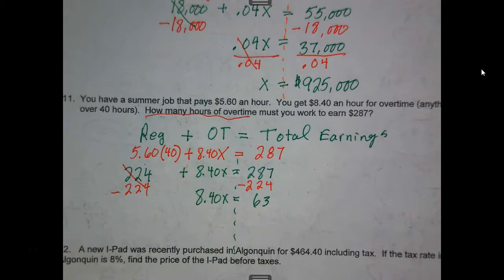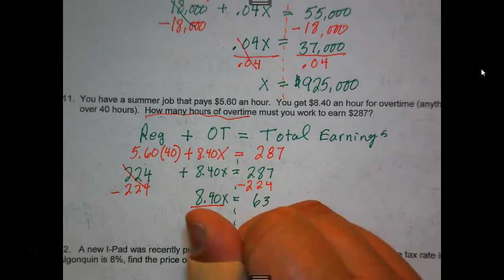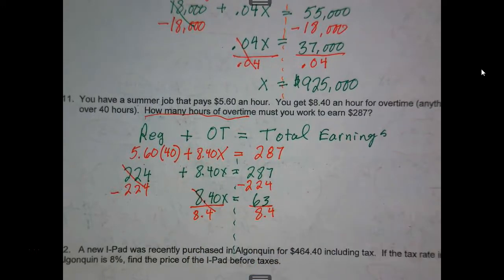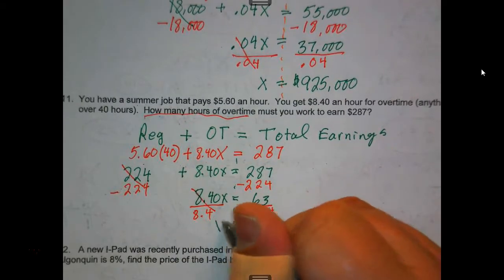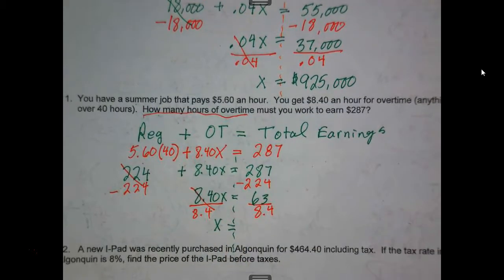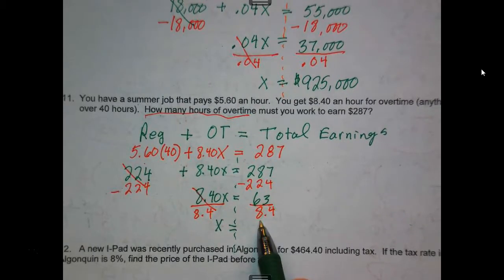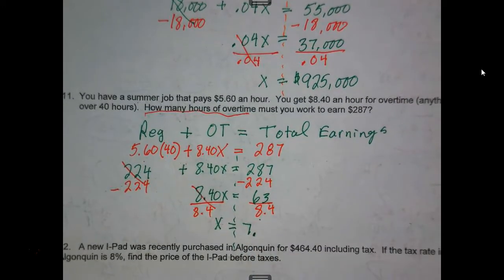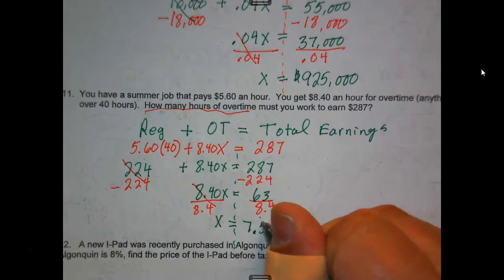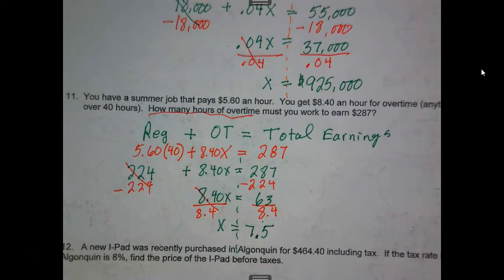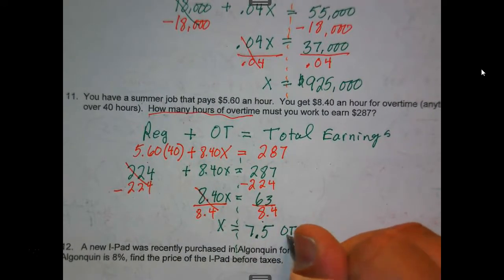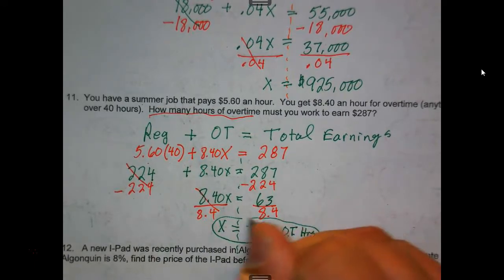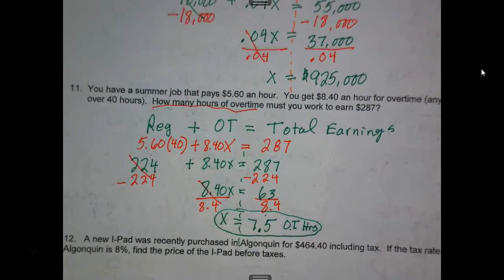Nope, not going to happen. What's 63 divided by 8.4? Actually, it's not 8 because that would be 64, so it's got to be 7. 7.5. Thank you. What is this? Overtime hours. It's got to be a certain point where we're going to have to label.